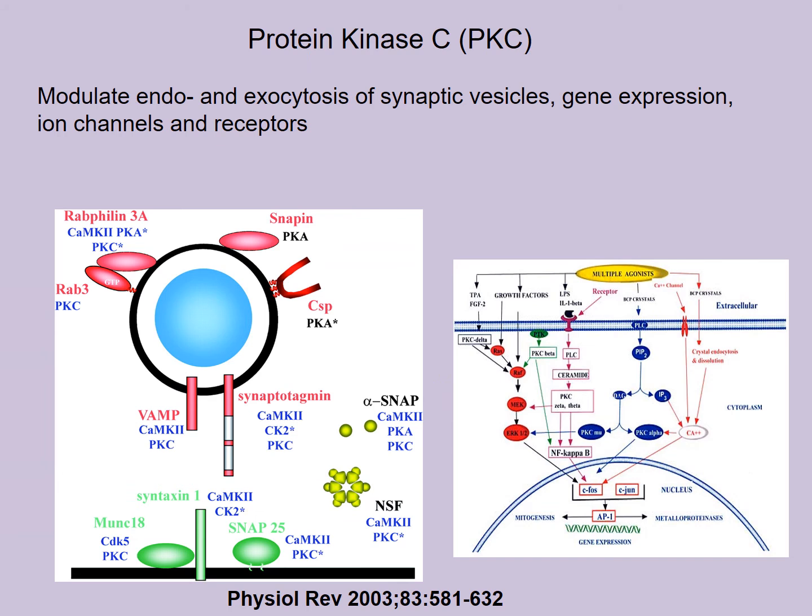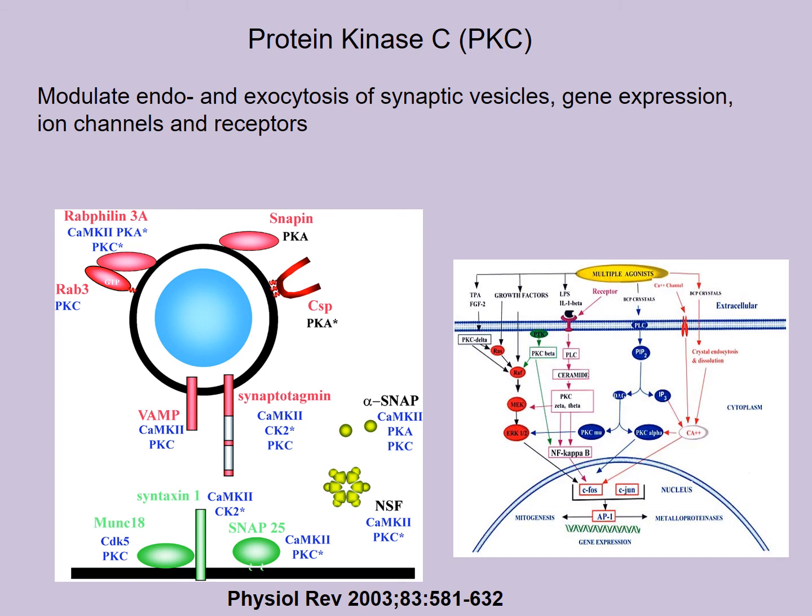Okay, so we are now going to talk more briefly about protein kinase C. Protein kinase C is really important because it modulates and plays a role in exocytosis of synaptic vesicles, which is shown in this panel here. You can see how many of these proteins on synaptic vesicles or on the plasma membrane play a role in the docking and fusion. They're really regulated by CaM kinases, PKA and PKC.